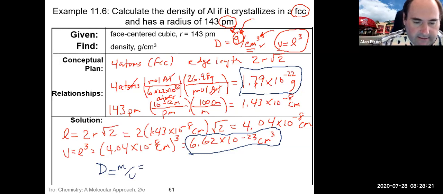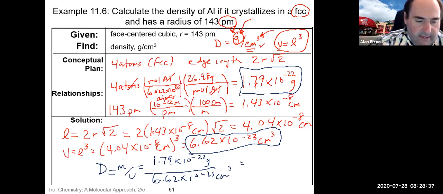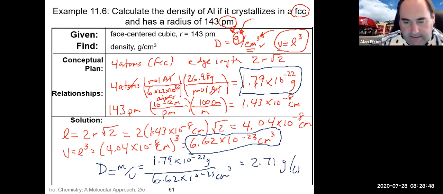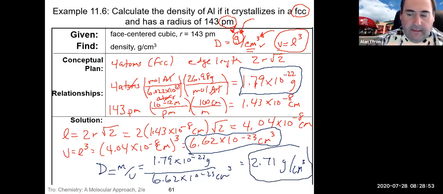So in our particular case, the mass was 1.79 times 10 to the minus 22 grams, divided by the volume, which was 6.62 times 10 to the minus 23 cubic centimeters. And if we do all that fine calculation there, we will end up with 2.71 grams per cubic centimeter as the density of aluminum.